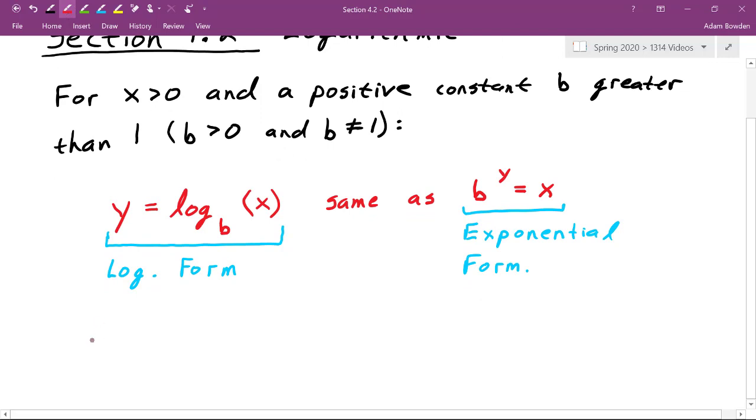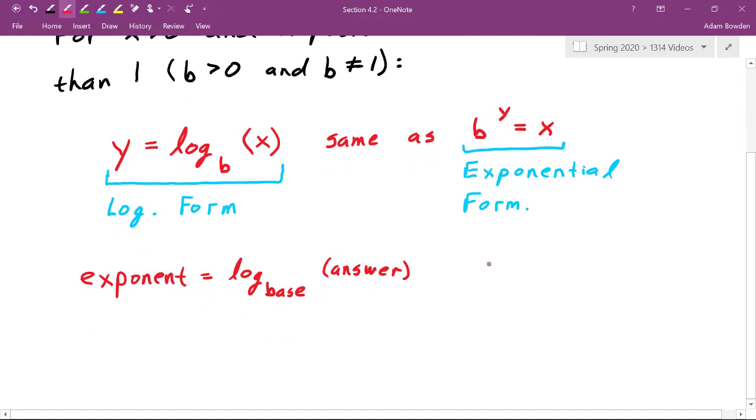Another way of looking at this: the exponent is equal to log base, which goes beneath, of the answer. That is the log form. And the exponential form would go base raised to the exponent equals answer.